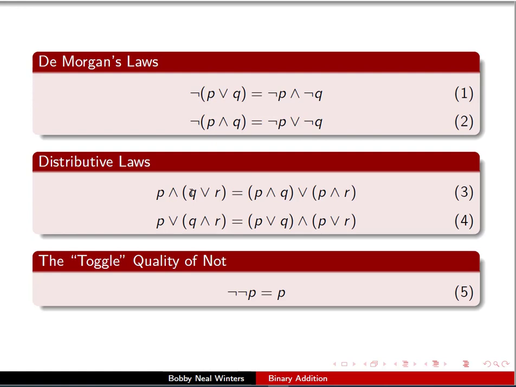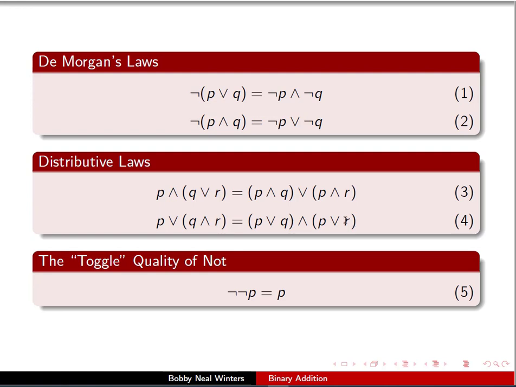The distributive laws, this is strange, but you have AND distributes over OR, and OR distributes over AND. This is just something nice to know.